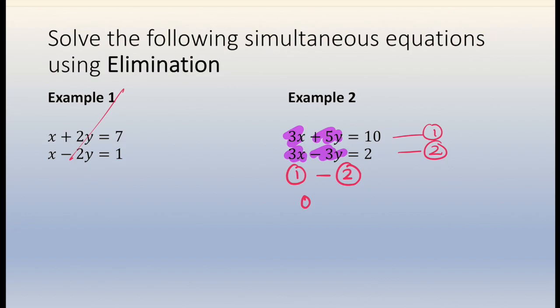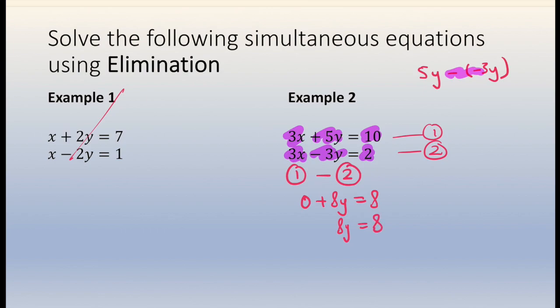So those 2 y's will give me a plus. So I'll get plus 8y equals, and then let's look at the last bit. 10 minus 2, that's just 8. So I'm left with 8y equals 8.